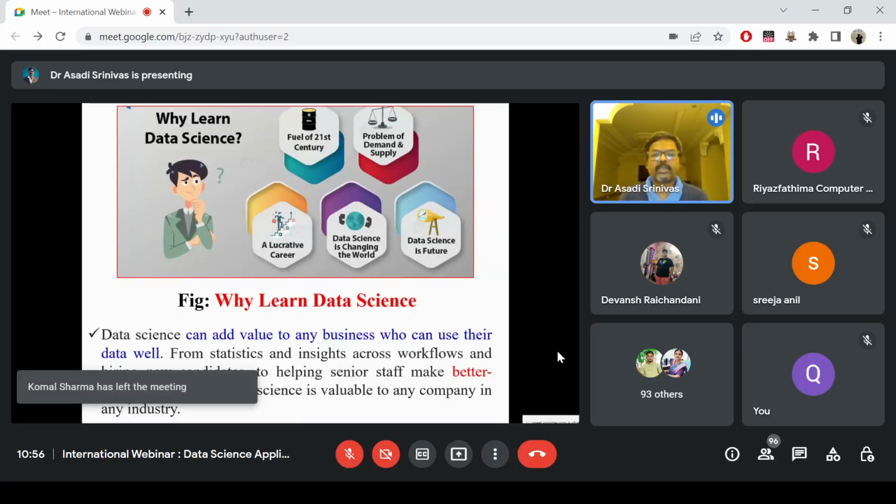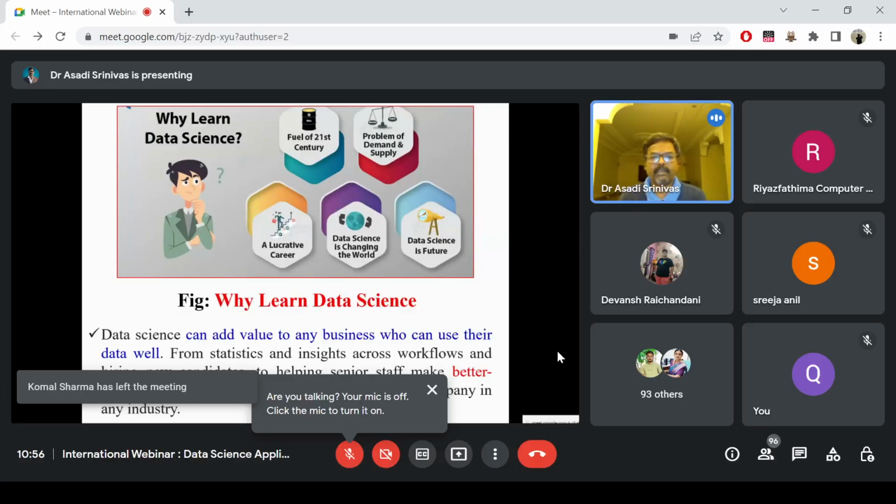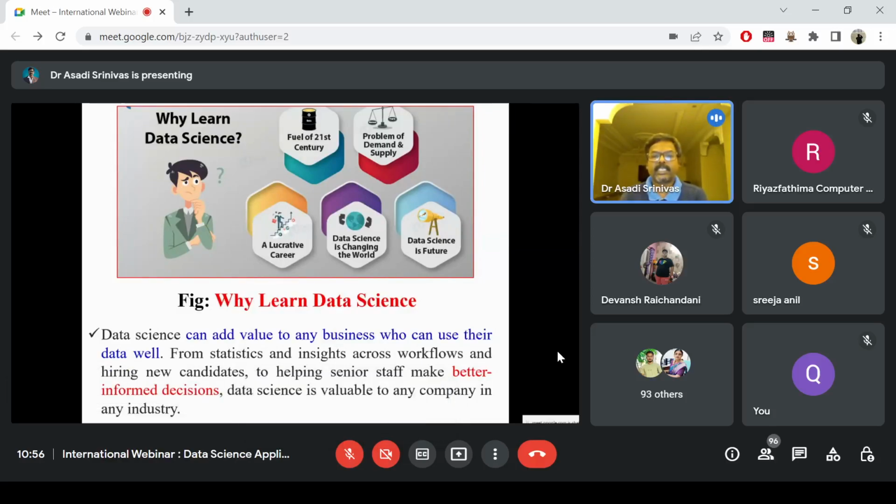In order to increase their business, companies need people who can use data well, especially statistics and insights across workflows, hiring new candidates, and helping senior staff make better informed decisions. Data science is valuable to any company and any industry.